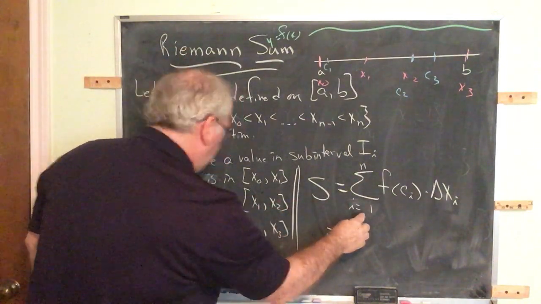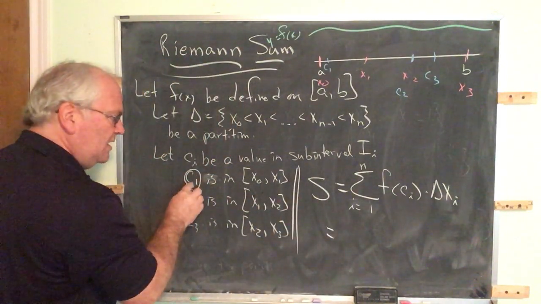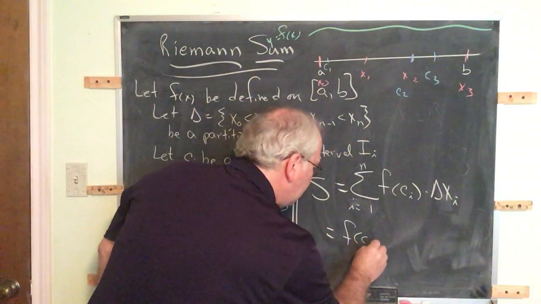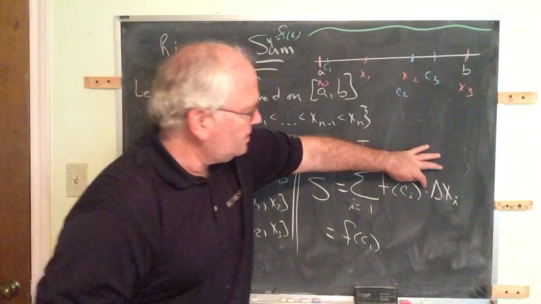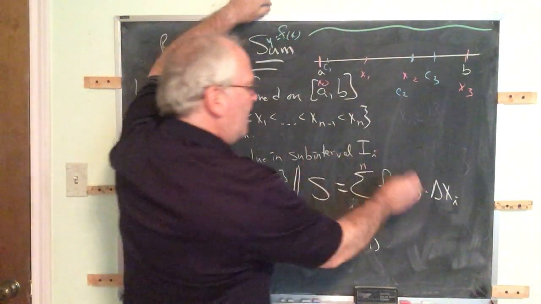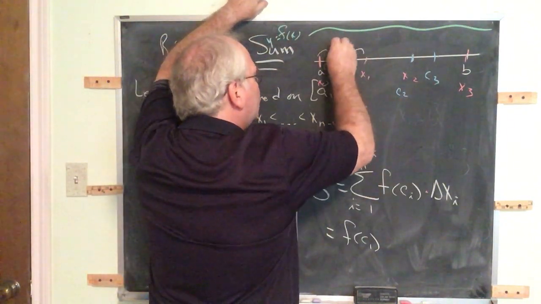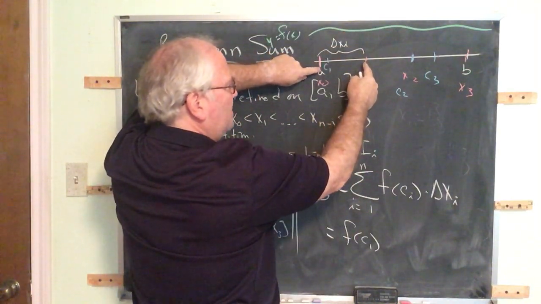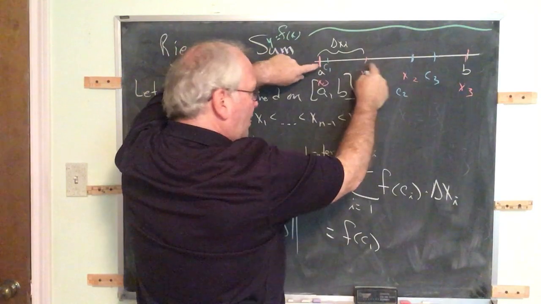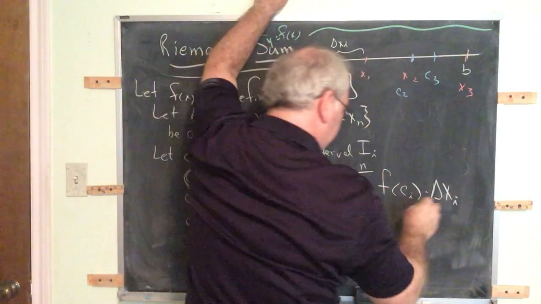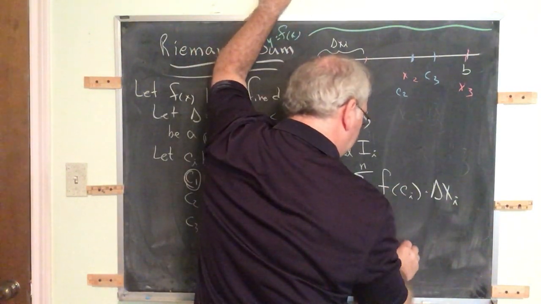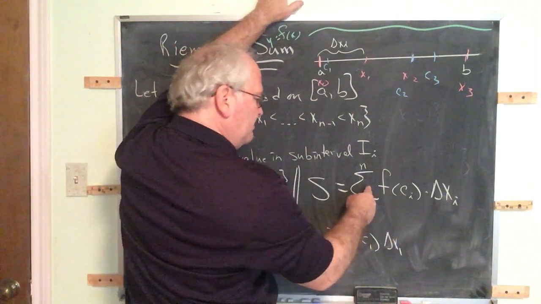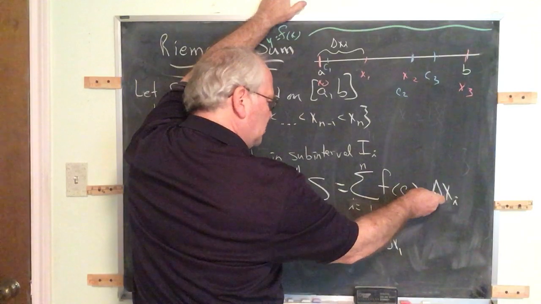When I equals 1, you take C number 1, you take F of C number 1, multiply it by the width. Delta x sub 1 is that width. Delta x sub I is the width of that little subinterval. Whatever that works out to be, that's what you choose. So this is times delta x number 1, whatever that width happens to be. Sigma means add. So notice, order of operations, multiply before you add.